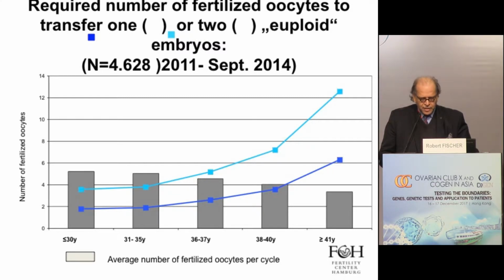In the gray bars, you will see the mean number of fertilized oocytes you can get at a given age. At the age of 38 to 40, it's already difficult to get 1 euploid embryo. And over the age of 40, it's difficult to get even 1 euploid embryo, considering the mean number of oocytes that you will get at stimulation.